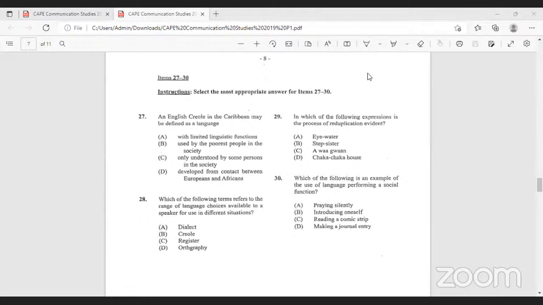So it's a synthesized language. 24 is C and 25 is B. Yeah, that's correct. 27 is D.